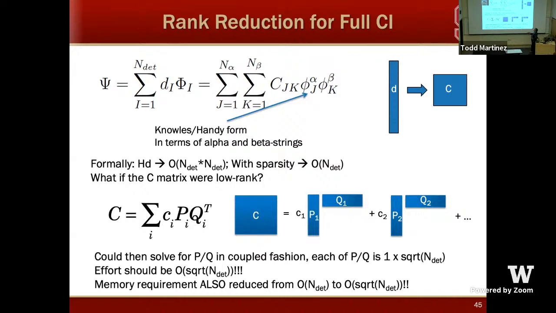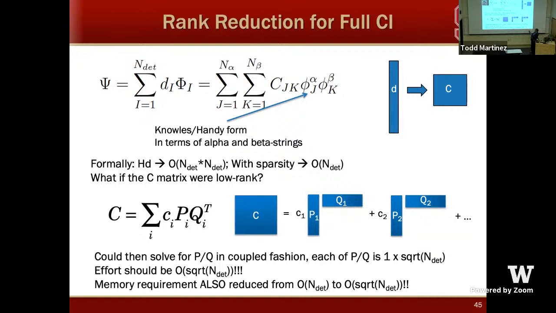And the wave function itself, the full CI wave function, that is the exact wave function, we can write in a form which has a matrix multiplying these. The exact details are not that important, but these are basically a set of orbitals that have spin up and a set of orbitals that have spin down. So fermions can be either up or down.